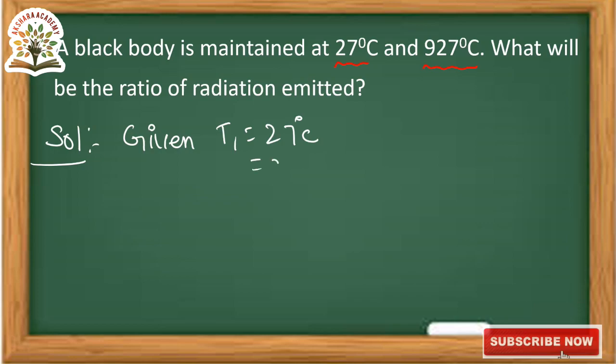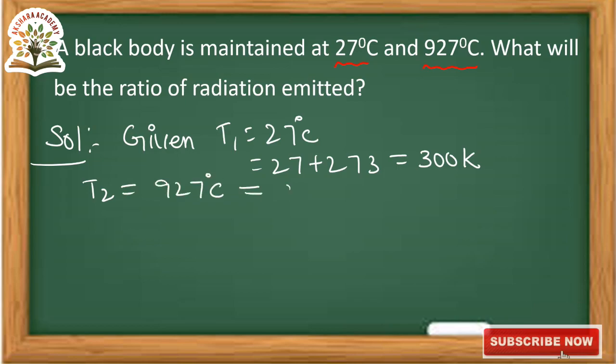So adding 273, that is equal to 300 Kelvin. Similarly, T2 is equal to 927 degree centigrade, that is 927 plus 273, we are getting 1200 Kelvin. This is T1 300, T2 1200 Kelvin.